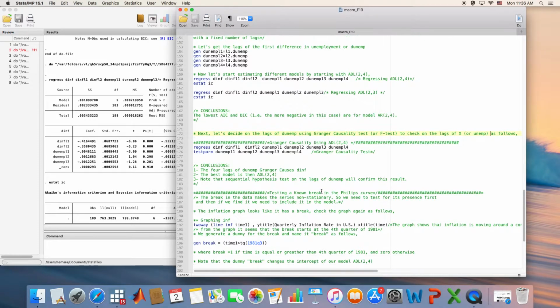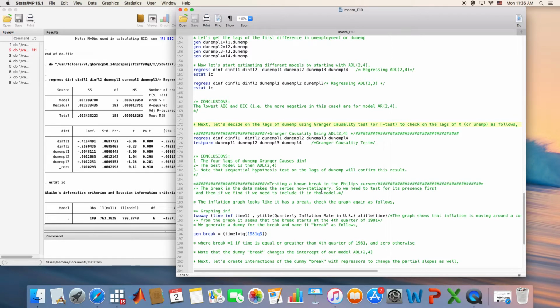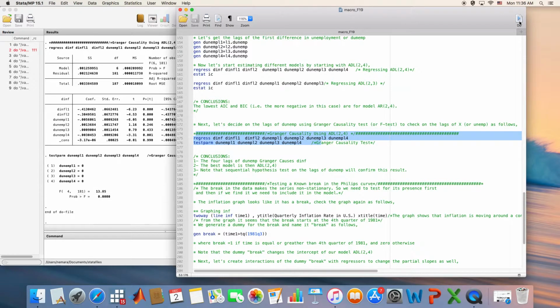So we're going to regress starting from ADL24, so we have the large model, and we're going to test using the F test. It's confirming that there is a 0 probability that these lags are equal to 0, so the decision is to keep them in the model. The 4 lags of D unemployment Granger cause inflation. The best model is ADL(P,Q), so this is just confirming our results, okay?